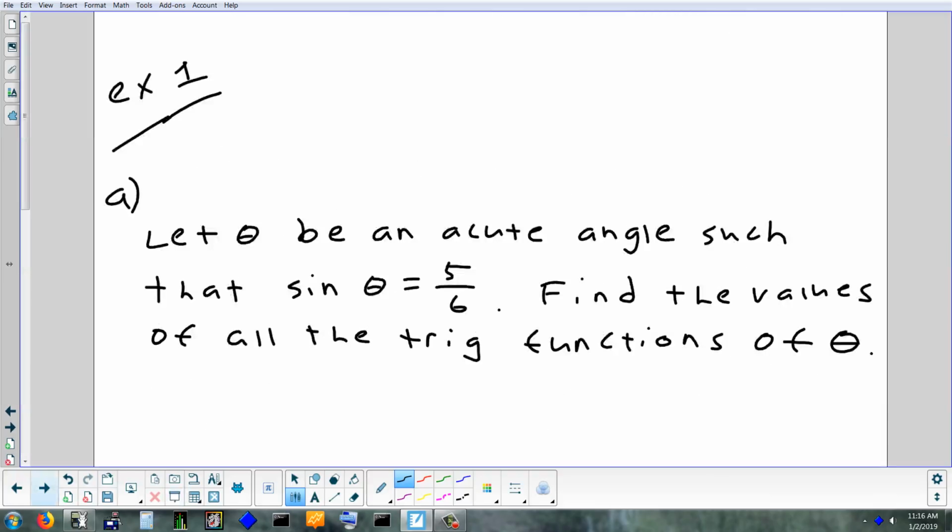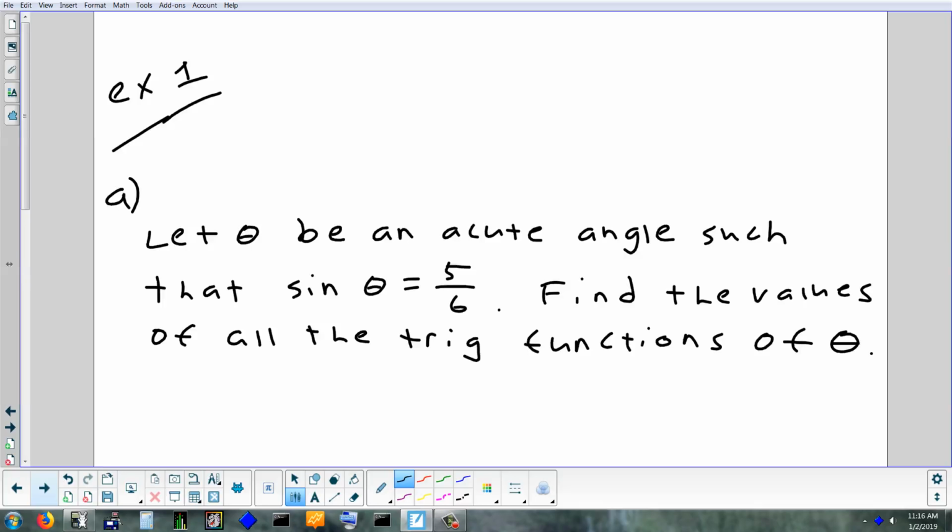So the way I wrote that, let theta be an acute angle. That's important. You're not going to have to worry too much about it right now, but the fact that it's an acute angle tells me which quadrant this angle is going to be in. They're not asking for that right now, but eventually they might ask, what quadrant is this angle in?